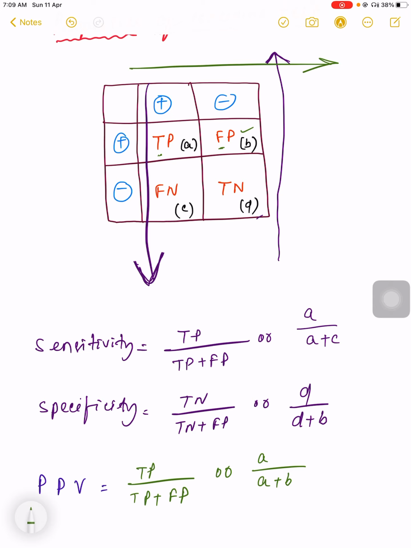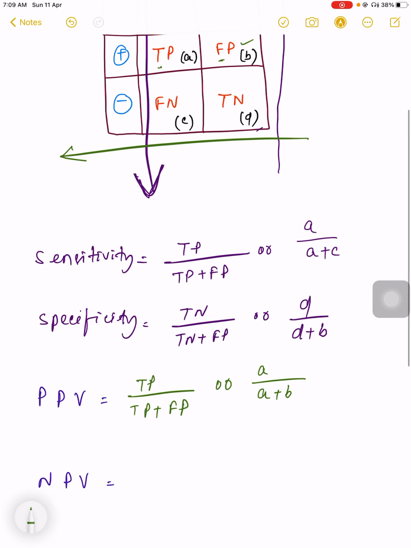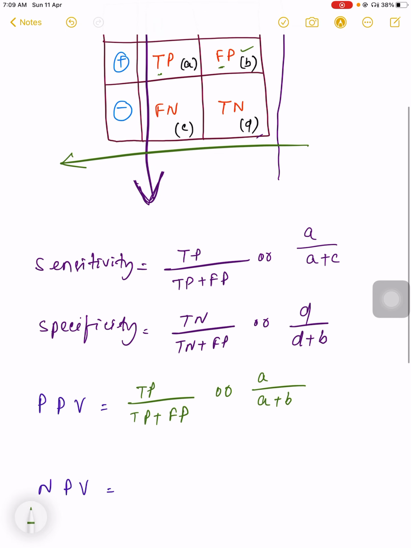You have to go from the right to left. Then the formula will be true negative divided by true negative plus false negative, or you can write D divided by D plus C. Fine.